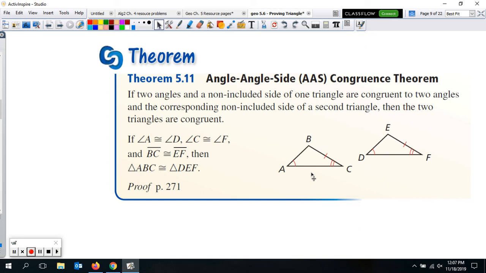You could have the two angles here and the one side here, that would be AAS, or you could have the congruent side on this side as well and go AAS this way, or you could have the congruent side be in between and do an ASA congruence. So just realize that two angles and one side is always a combination that you can prove triangle congruence with. You could have it with an included side or a non-included side. So two angles and a non-included side will work, as well as two angles and an included side.